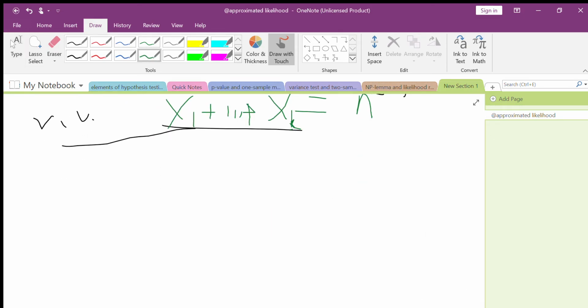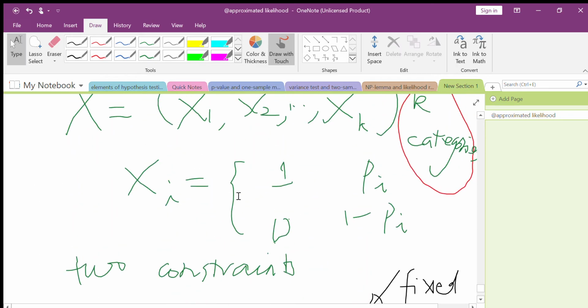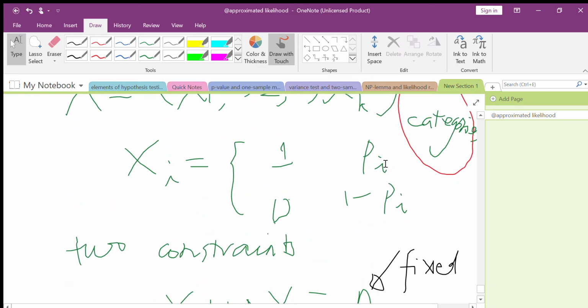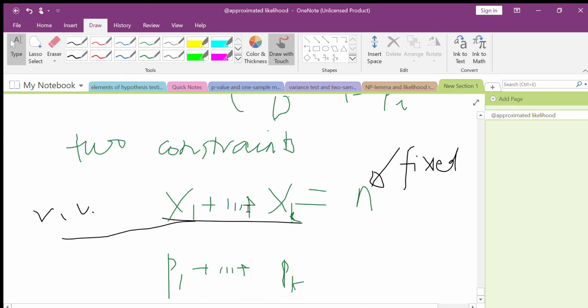And we need the parameters p1 all the way to pk to sum to 1, where for capital Xi, it takes value 1 with probability pi and 0 with probability 1 minus pi.